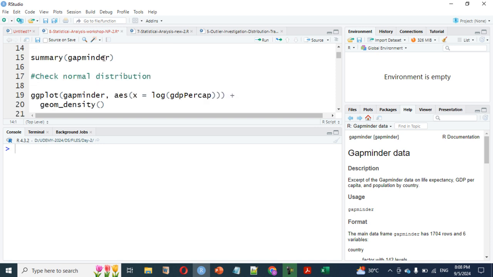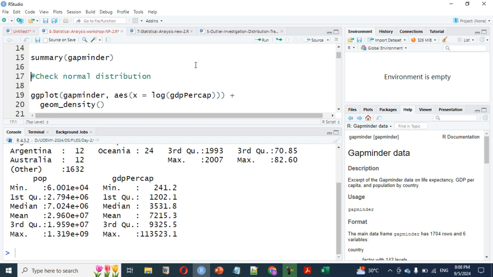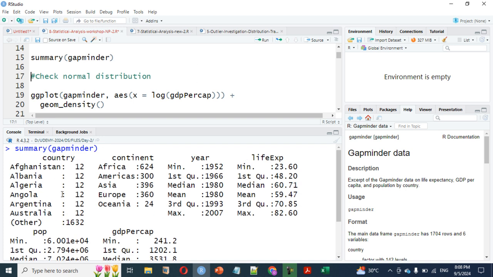Then let's summarize the data set first. Let's see what is inside. We have country, with counts of 12, 12, 12, and others. Then we have continent: Africa, Americas, Asia, Europe, and Oceania. We have year from this to this.